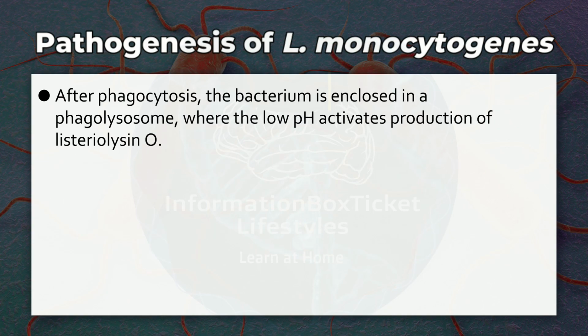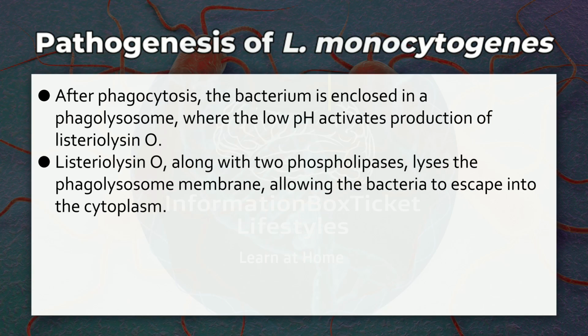After phagocytosis, the bacterium is enclosed in a phagolysosome, where the low pH activates production of listeriolysin O. Listeriolysin O, along with two phospholipases, lyses the phagolysosome membrane, allowing the bacteria to escape into the cytoplasm.